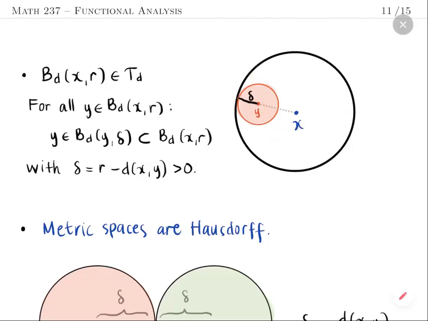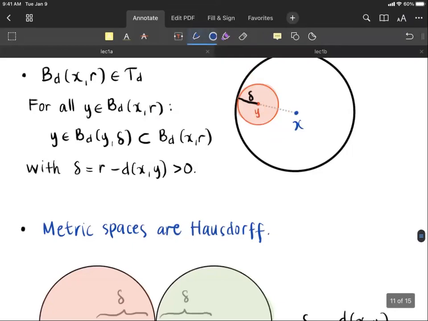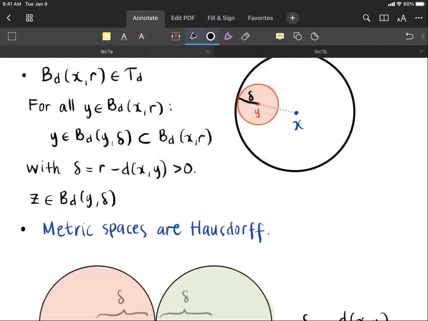Well, you could prove this as follows. If you pick a point Z in the open ball centered at Y having radius delta, then if you compute the distance between X and Z, by the triangle inequality, this is at most the distance between X and Y plus the distance between Y and Z. And this is less than... okay, the first is unchanged.